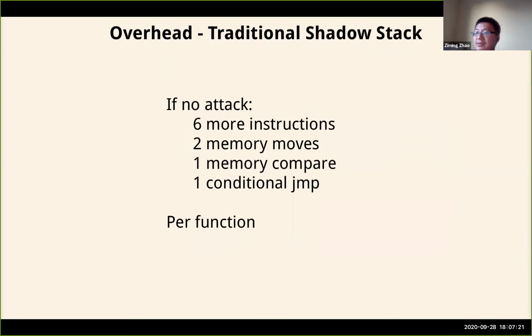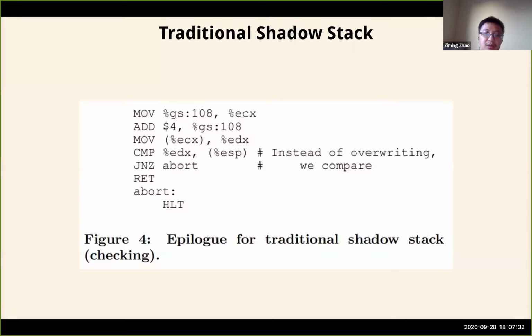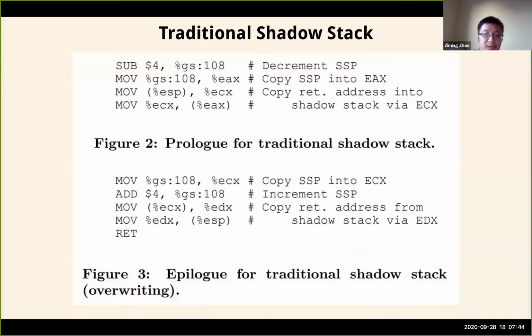So if we count the overhead here, you can say we have at least 6 more instructions. I'm talking about when there's no attack. If there is an attack, then whatever cost is worthwhile. So if there's no attack, for each function, we're talking about at least 6 or actually more, maybe 8 instructions.